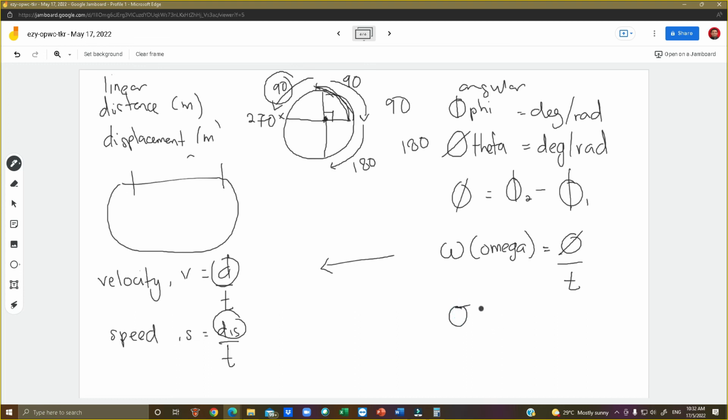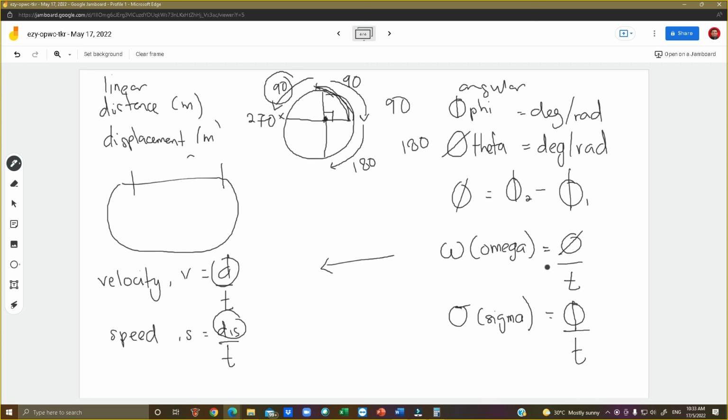Nama dia ni sigma. Okay. Sama macam kawan dia. Kalau untuk linear, it is distance. Untuk sigma, distance in angular is pi. Jadi dia adalah pi over time. This is angular speed. This is angular velocity.